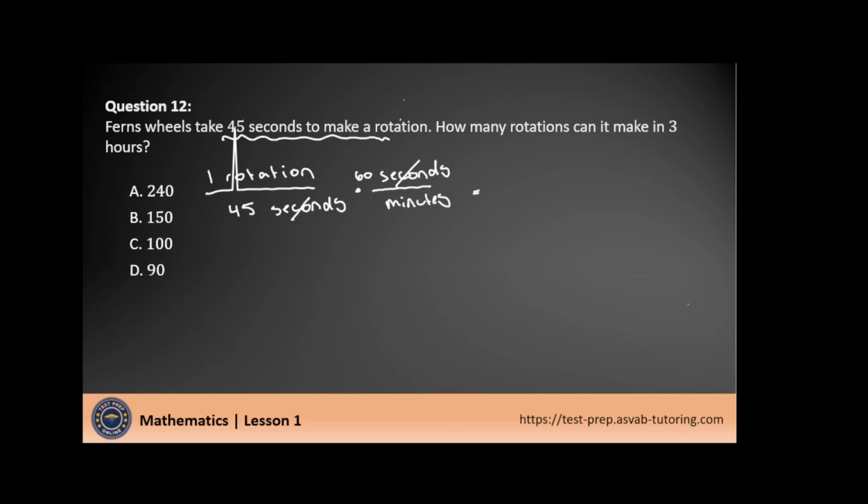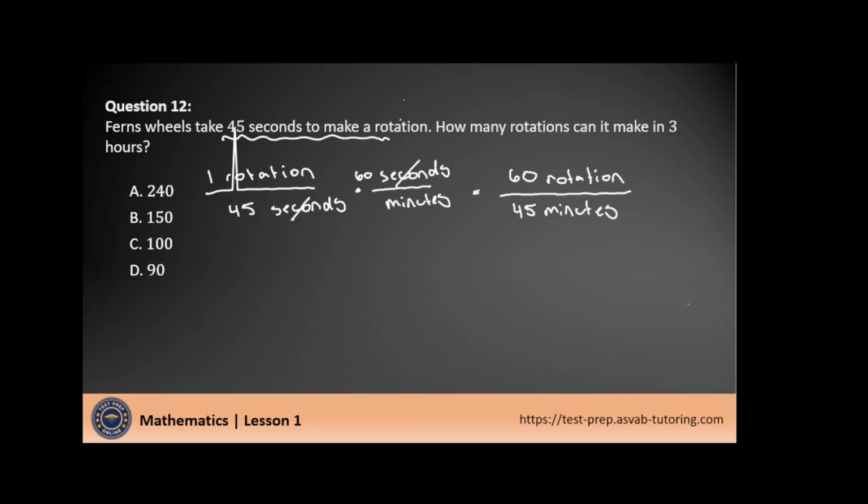So we're going to have 1 times 60 in the numerator, which is 60 rotations. In the denominator, we have 45 times minutes, so we have 45 minutes.